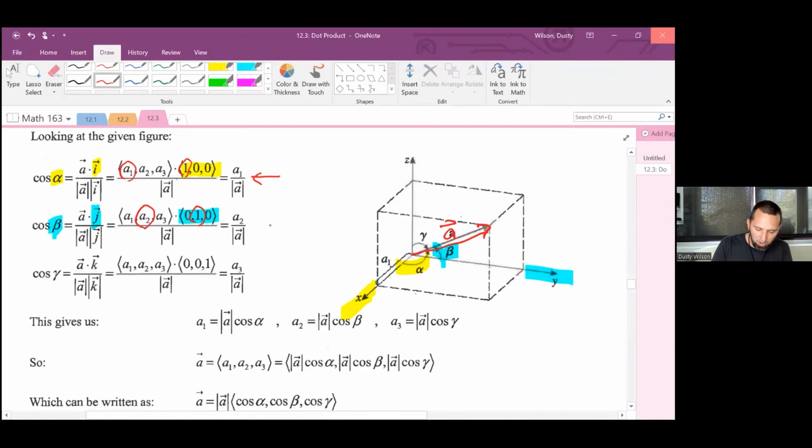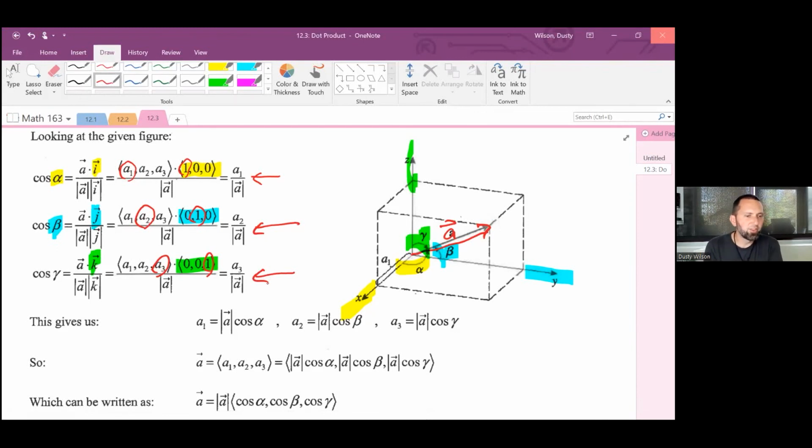So our product is going to be A2 over the magnitude of A. And thirdly, we're looking for the gamma direction angle. That would be the angle from the positive z-axis down to the vector. So here we could dot A with the k vector, which is 0 everywhere except in the z component. So at the end of the day, all that's going to show up is A3 over the magnitude of A.